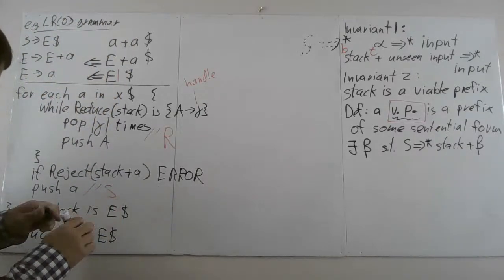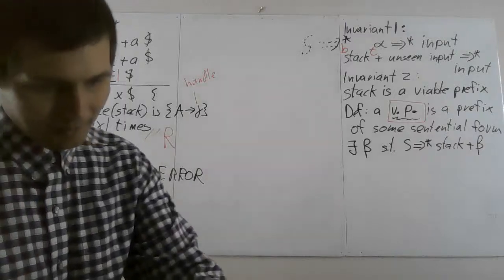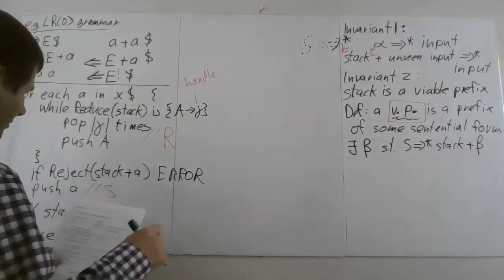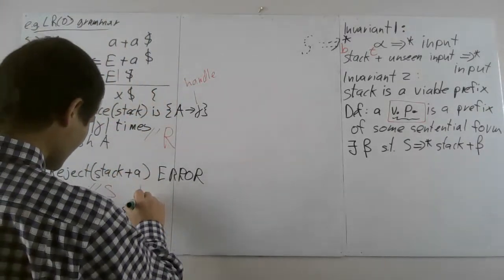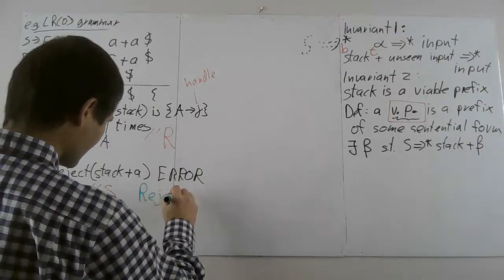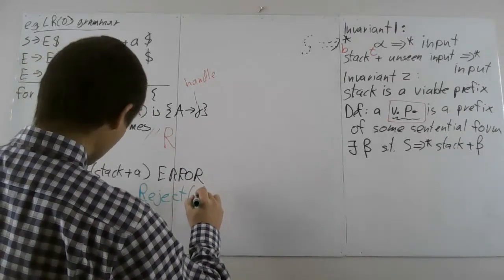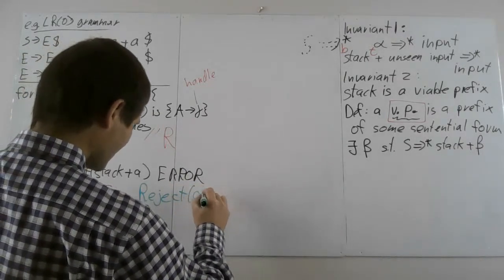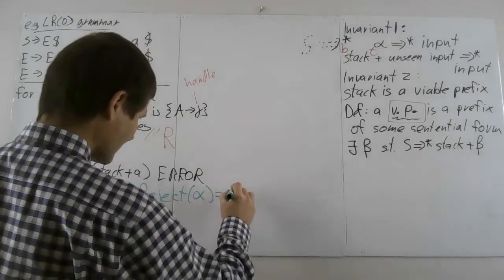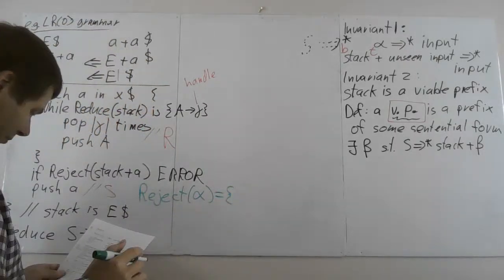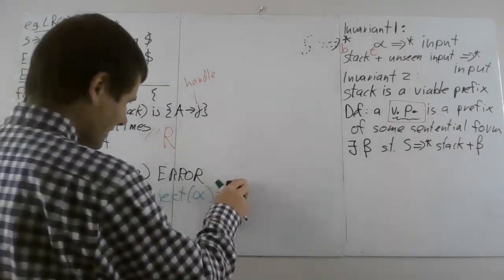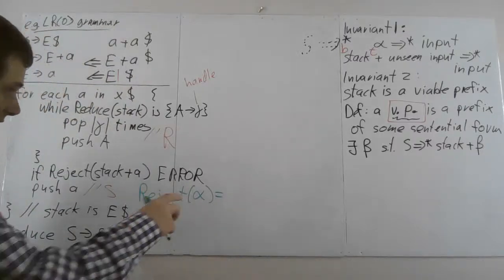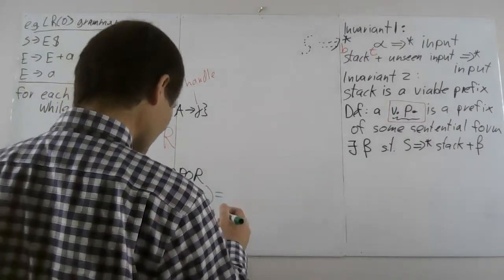I'm going to have a green marker here, right? So reject of alpha is, whoops, it's not a set, it's a Boolean, and I want to reject alpha if it's not a viable prefix.